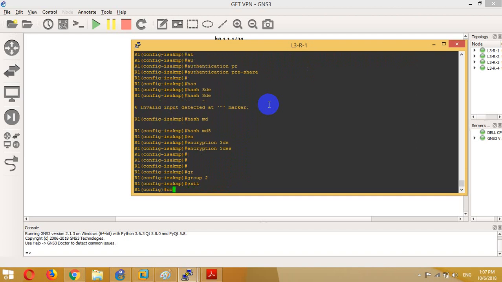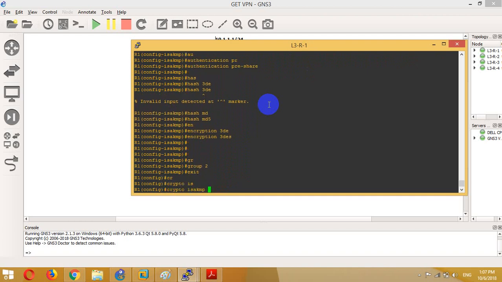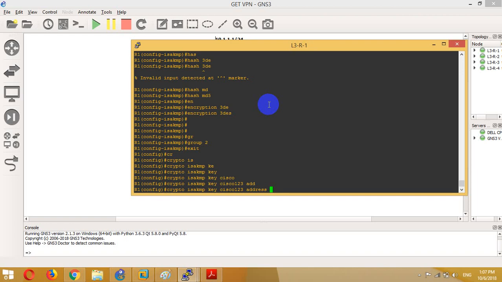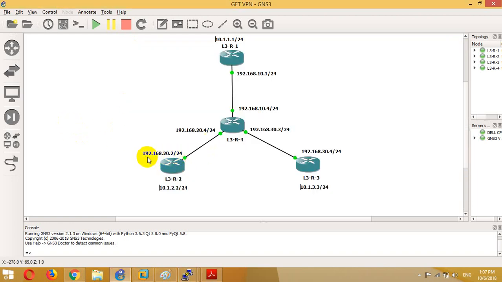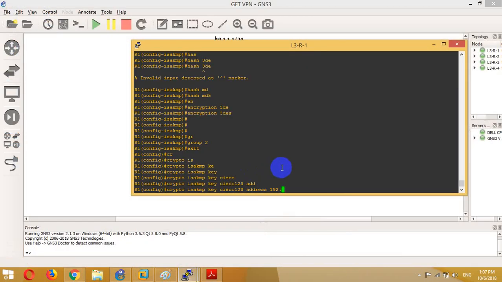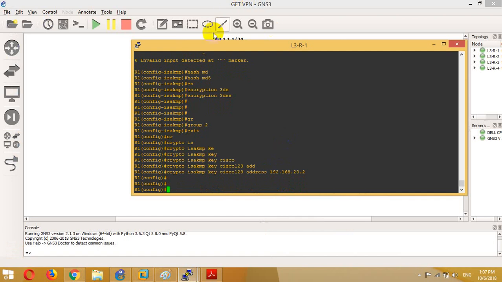Exit. Crypto ISAKMP key Cisco123 address, and the address is the public address, the outgoing interface IP address coming from here to here, 192.168.20.2. This is the one.